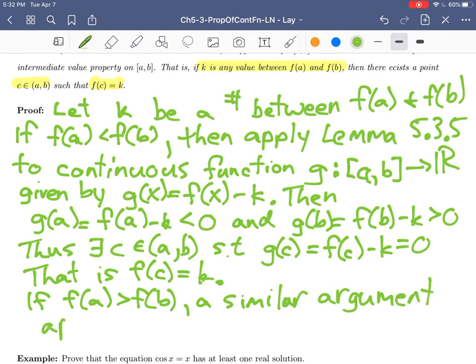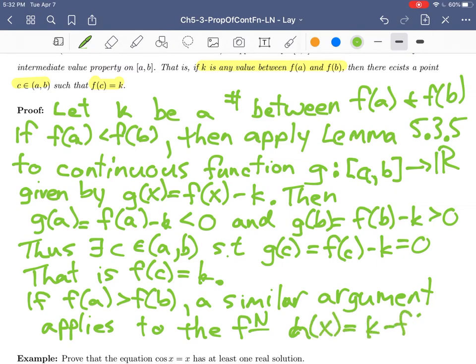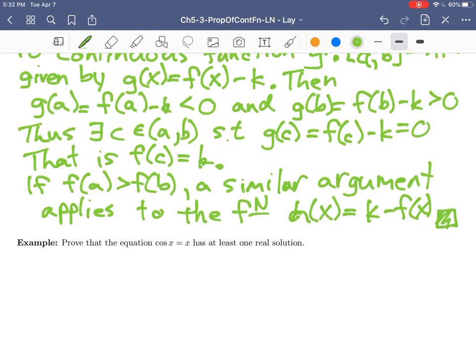This similar argument applies to the function, let's call it h of x, equals k minus f of x. And so in either case, we end up with some number c between a and b that has an output of k.